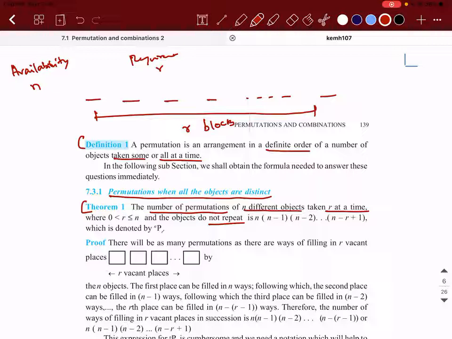You can place any of the n objects here. In the second one, how many can you place, if the objects are not to be repeated? N minus 1. Here, you will place n minus 2. Like this, if I keep on going, in the rth box, how many objects can I place?